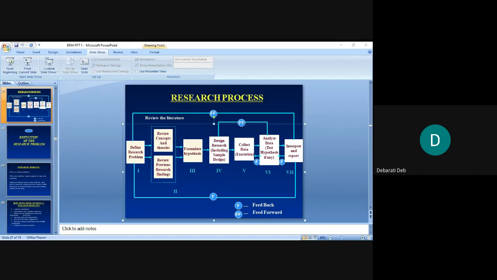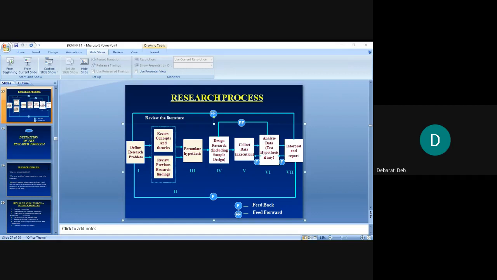Once you analyze the data, finally you can easily interpret, because analysis itself gives you the answer to your problem, and based on the analysis results, you can interpret and then report your research. Now when you're reporting, that should not be the end of your entire research process.